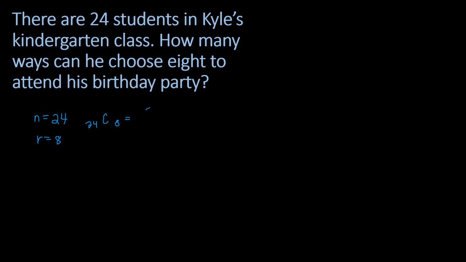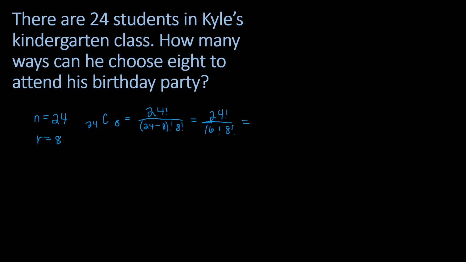Okay, so in our formula we'll get 24 factorial over 24 minus 8 factorial, 8 factorial. Okay, so we simplify. 24 factorial over 16 factorial, 8 factorial.